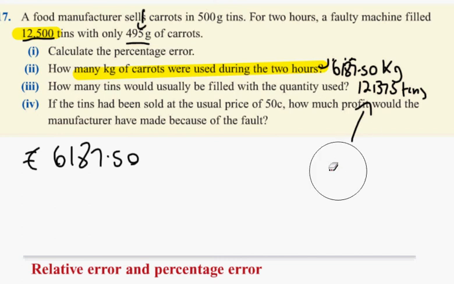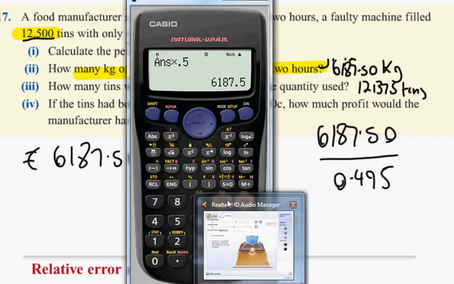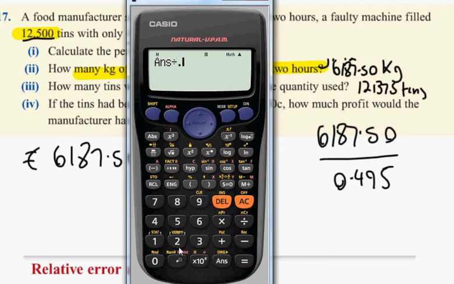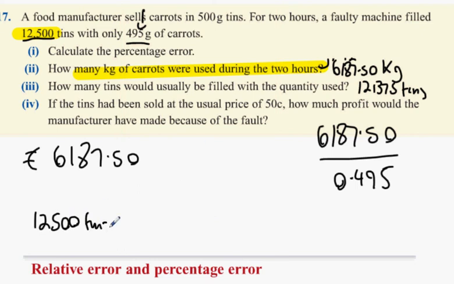So I get my 6,187.50 and divide, instead of by 0.5, by 0.495. This means I could have made 12,500 tins of 495 grams of carrots.